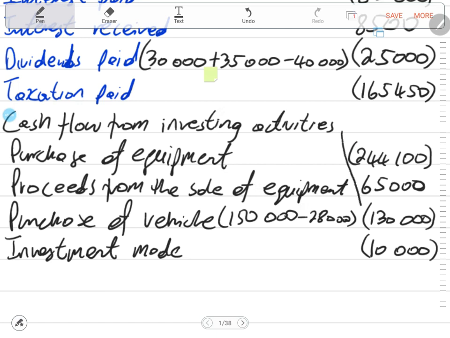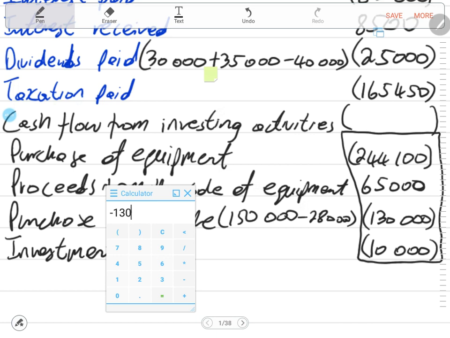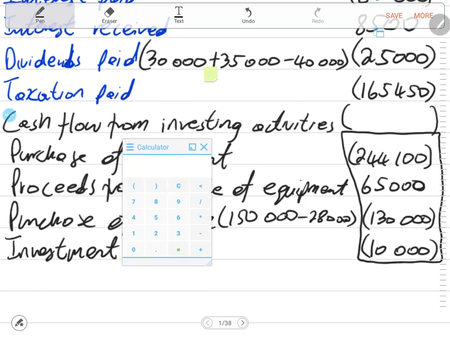And when we take money from the business and invest it somewhere else, that means cash goes out of the business to be invested. So when investment increases, it means money went out. When investment decreases, it means we made a withdrawal on that investment. That means cash came into the organization as a withdrawal of that investment.